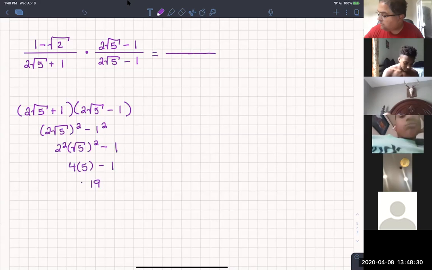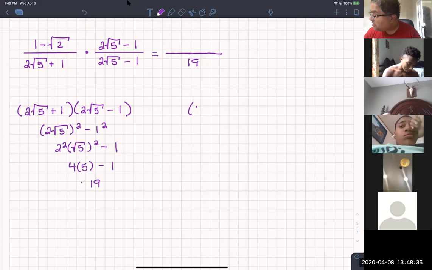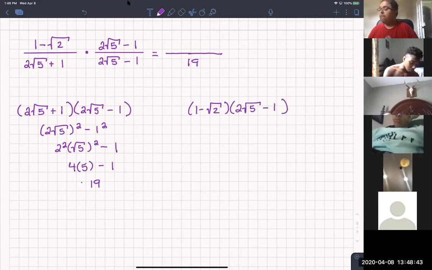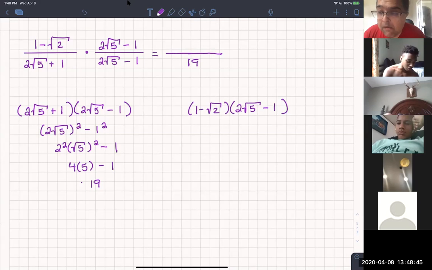Now, what happens in the numerator? So I got 1 minus root 2 times 2 root 5 minus 1. I got 2 root 5 minus 1 minus 2 root 10 plus root 2.